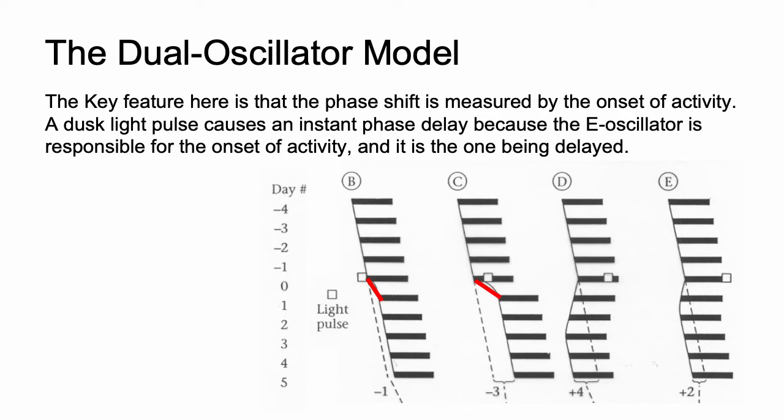At dusk, a light pulse causes an instant phase delay because the E oscillator is responsible for that onset of activity, and it's the one that is being delayed. So we measure delays by moving the onset of activity. What is responsible for the onset of activity? It's the E oscillator, which is where the light pulse is being emitted when the E oscillator is responsible for that activity.